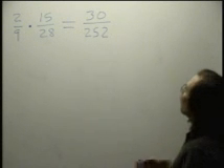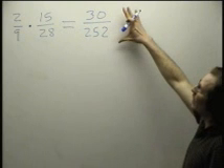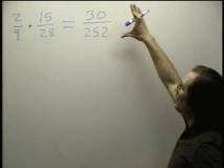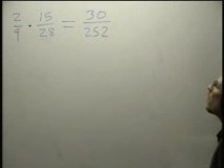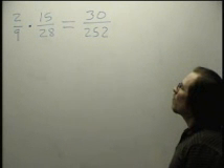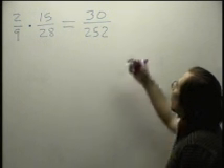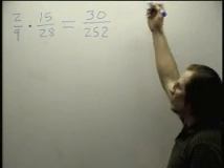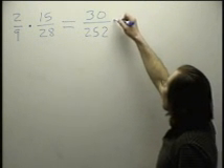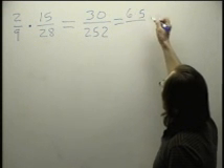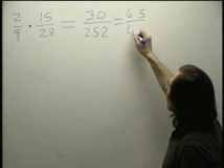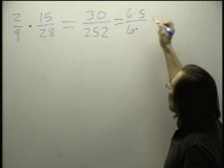And then we don't want to leave it like this because we want it in, again, lowest terms. So we need to simplify it. Well, what's in common? Well, if you search through the factors, you'll see that there is a 6 in common.